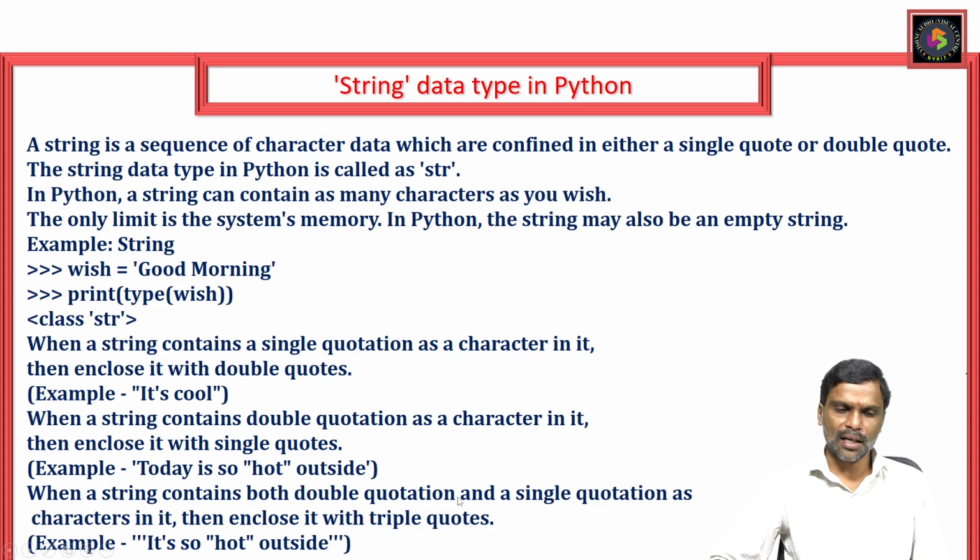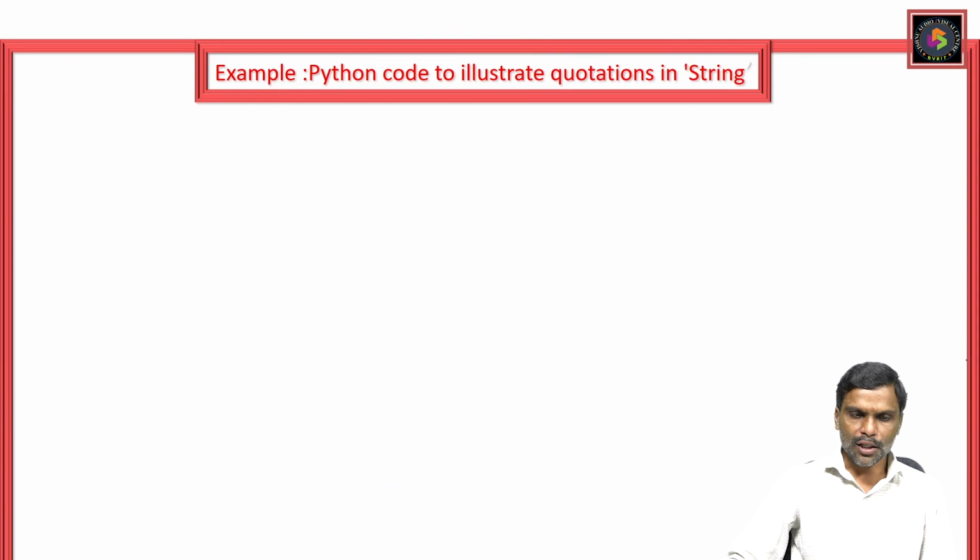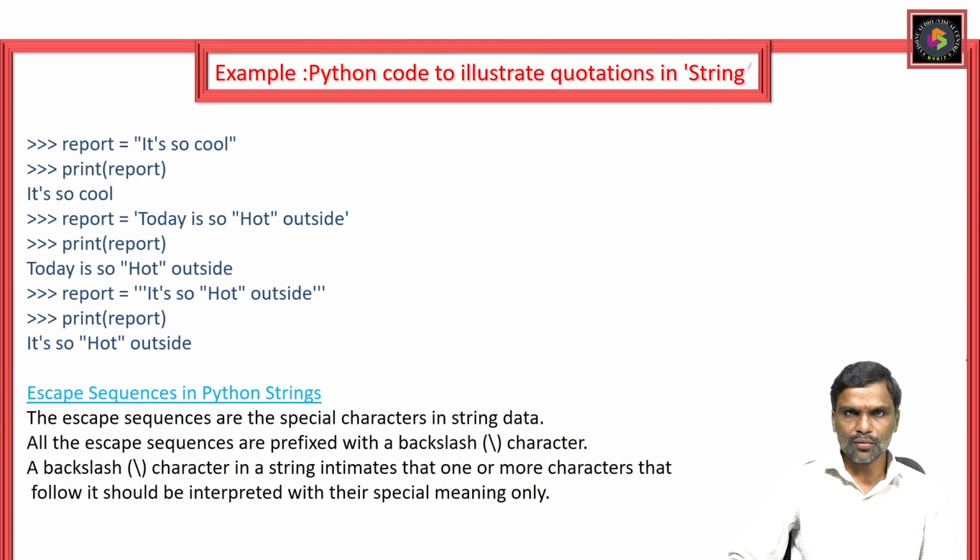Here, the same example I have taken, you can see. Report = 'it's school', with simple quotes. Print report, and you will get the same output, it's school. Report is equal to today is so, with hot in double quotes, and outside again the complete string in single quotes. You will get today is so "hot" outside, and the double quote present around hot is considered part of the string itself.